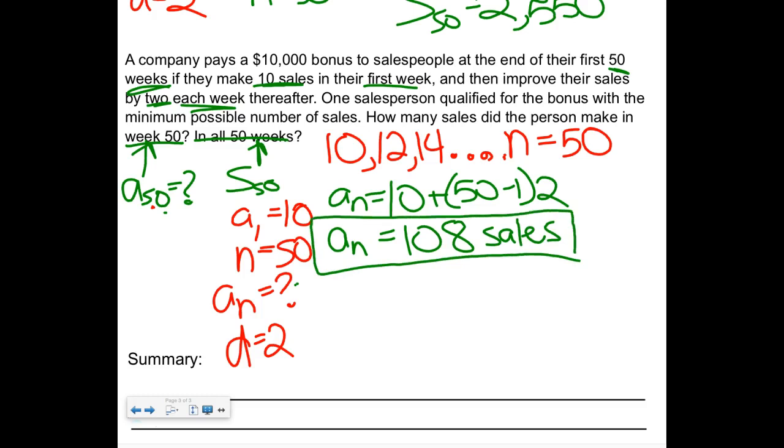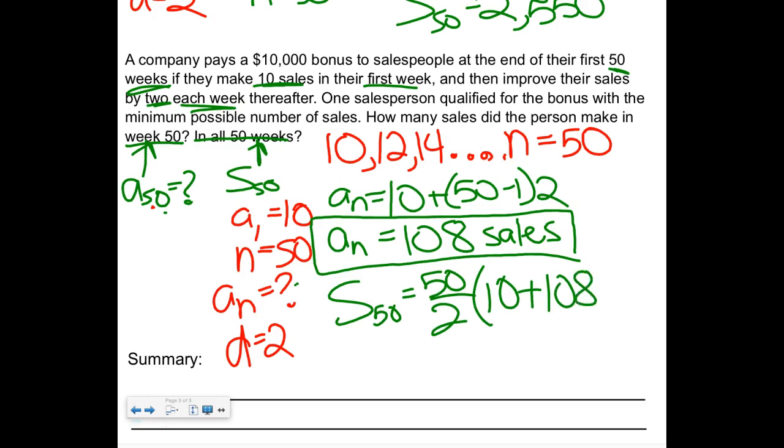Okay. Now we want to find out if a salesperson did this, what is the sum of week 1 through week 50? So we're going to say S50, and we're going to take 50 divided by 2. We have our A1 plus our AN that we just found.